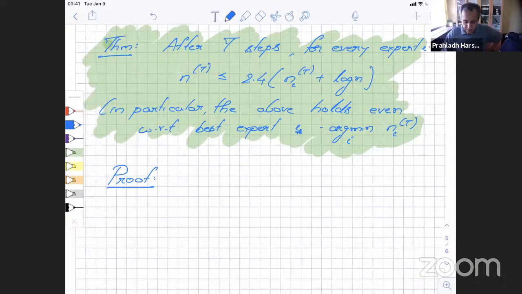Once you realize what the potential function is, these proofs are actually extremely simple. It's very easy to write this down. Why do you use this potential function? This comes out naturally. In fact, when we see the next algorithm, the potential function is written in the algorithm itself. But we'll come up with a choice of potential function that makes this very clear. So what's the potential function I'm going to use? I'm just going to use the following potential function, phi t.